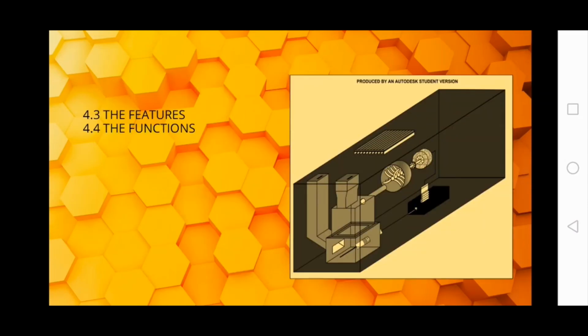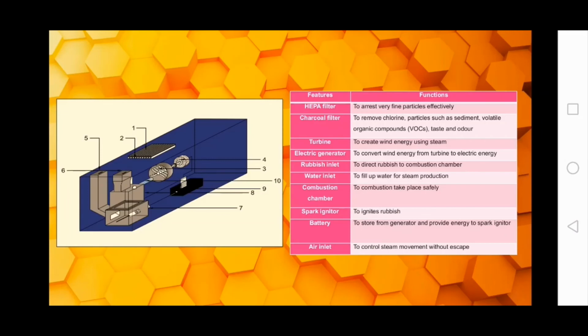4.3 the features and 4.4 the functions. Here I have 10 features. First is the HEPA filter at the window, number 1, to arrest very fine particles before releasing the smoke out, and also a charcoal filter to remove chlorine or particles such as VOC, taste or odor from the rubbish we burned.